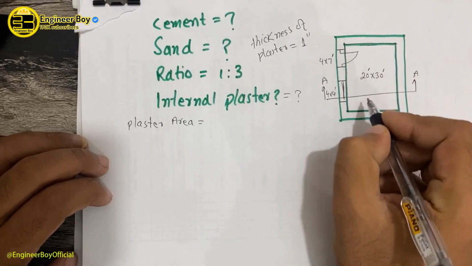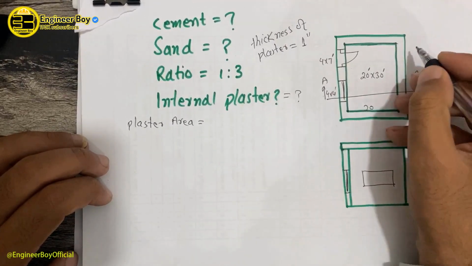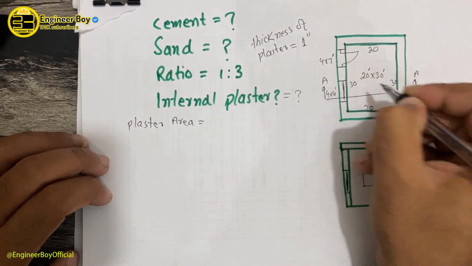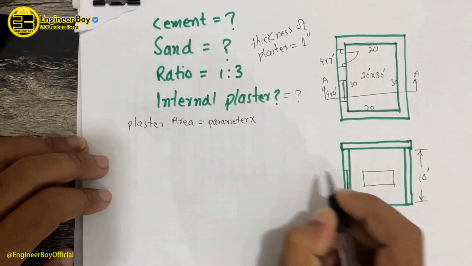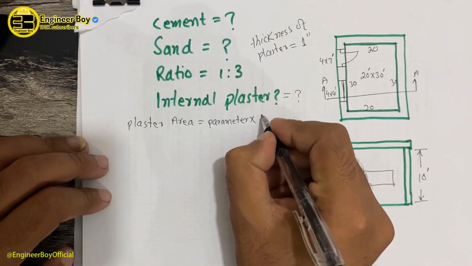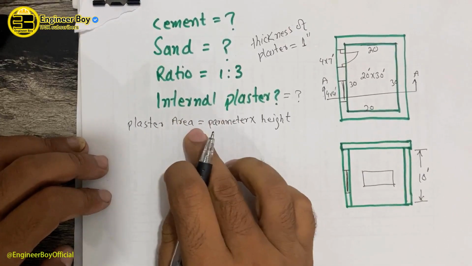The internal perimeter is 20 on this side, this one is 30, this one is 20 again, and this one is 30, so the perimeter times the height of the room, which is 10 feet. That's going to be the plaster area.